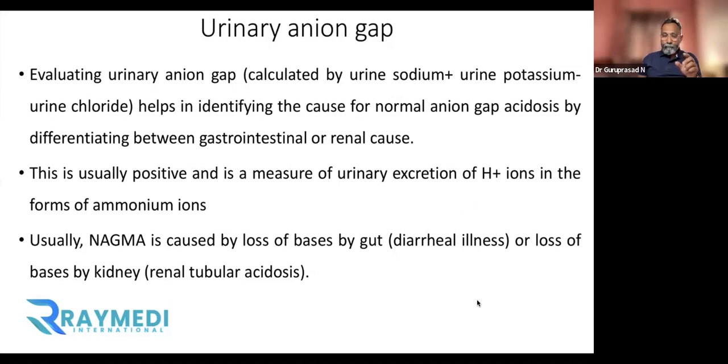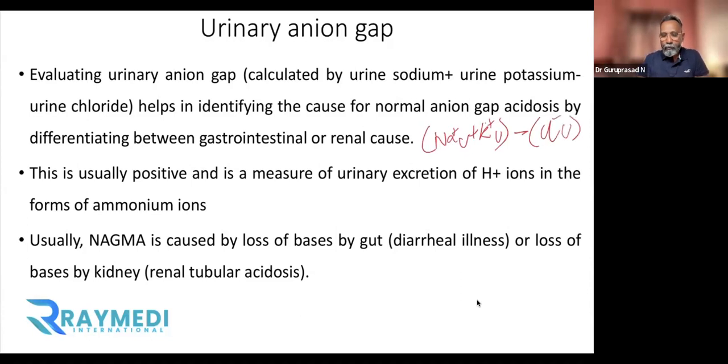So now you have to find the cause for this normal anion gap, and what we do is a urinary anion gap. You should ask the lab to get urinary electrolytes. The urinary anion gap is calculated by urine sodium plus urinary potassium minus urinary chloride.